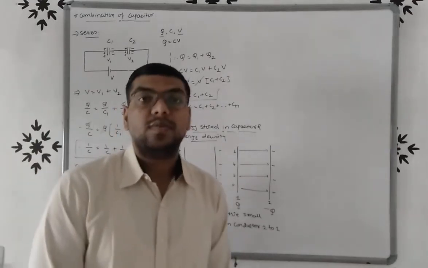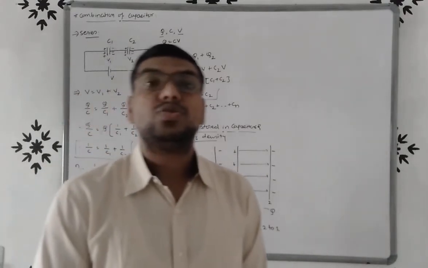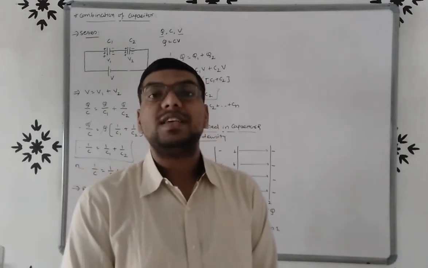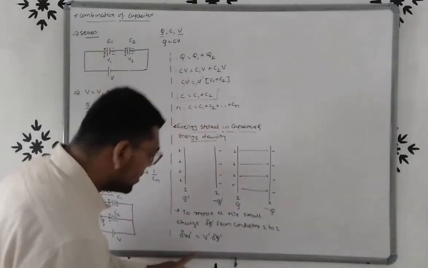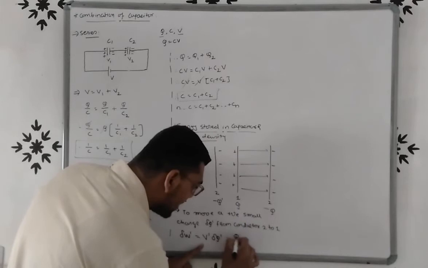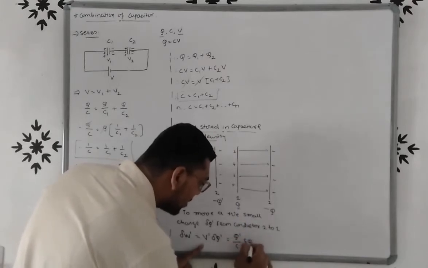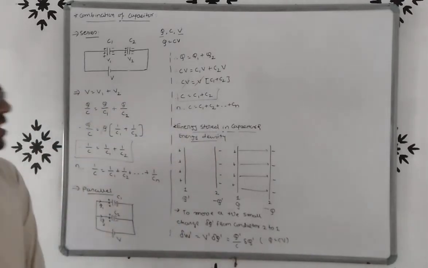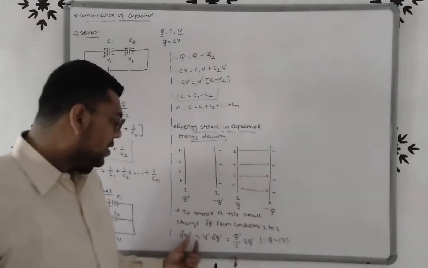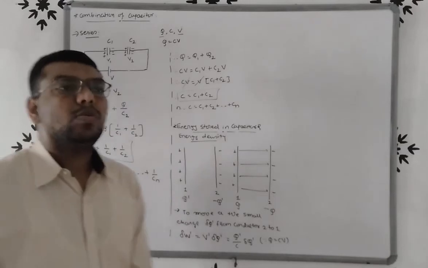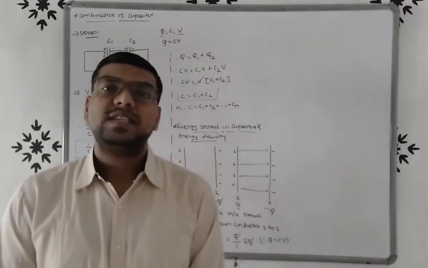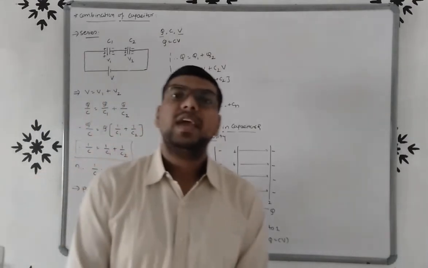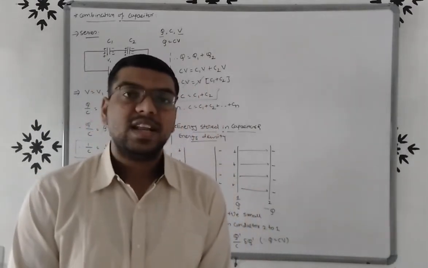But here we know that Q is equal to CV, right? So if Q is equal to CV, then V is equal to Q by C. So instead of V dash, we can write Q dash by C, del Q dash. If we want to move a small positive charge from conductor 2 to conductor 1, then we have to do work externally, right?